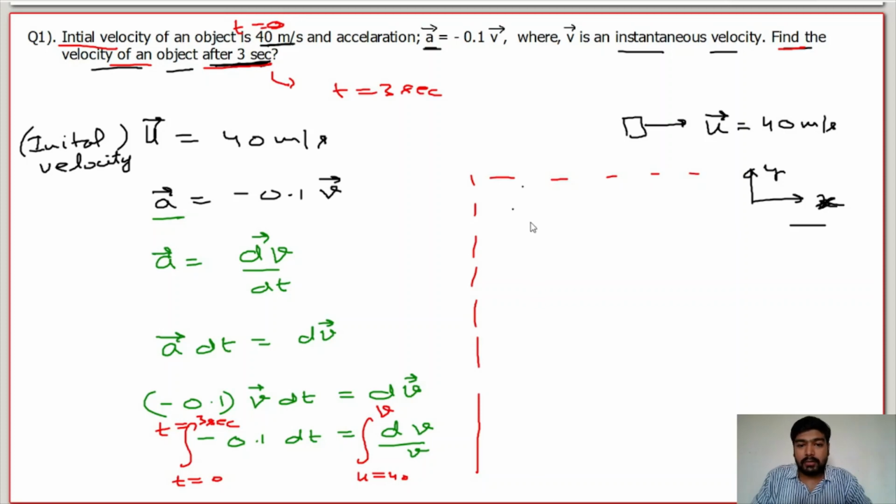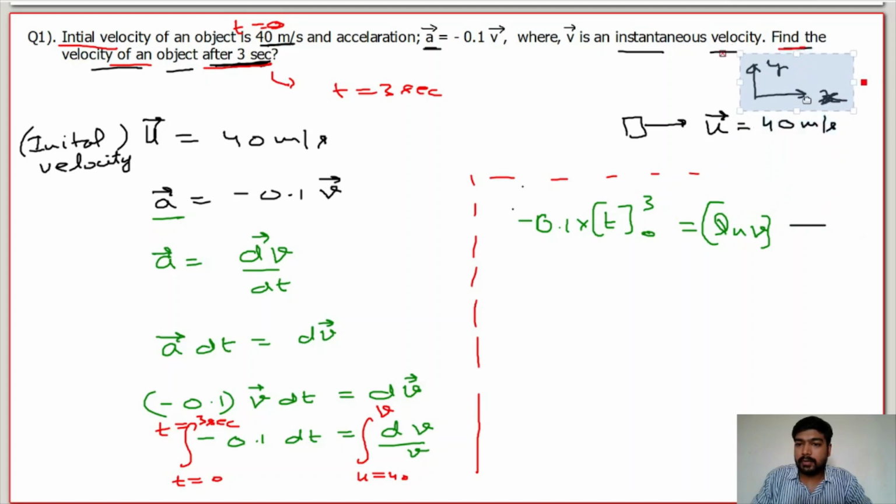So now minus 0.1 into t, with limits 0 to 3, equals ln v with limits 40 to v.